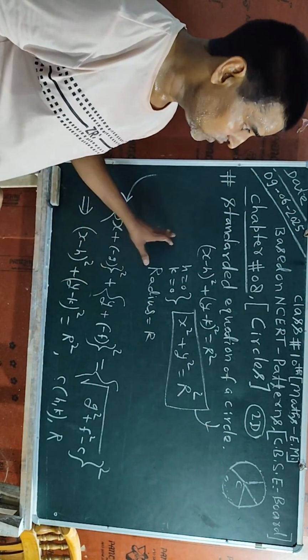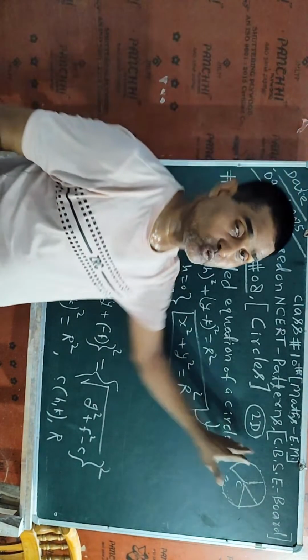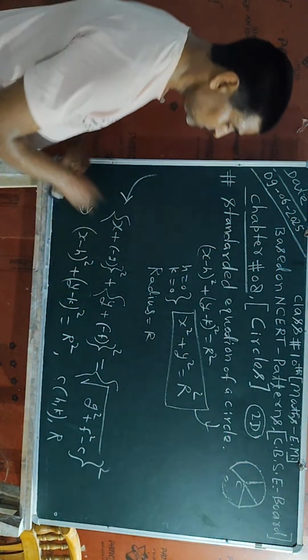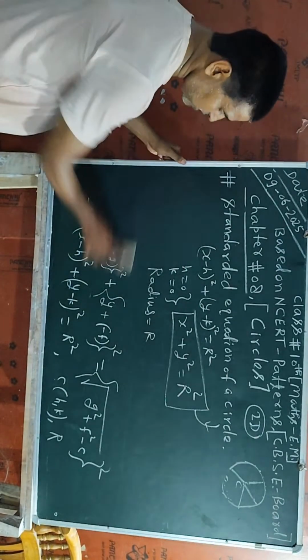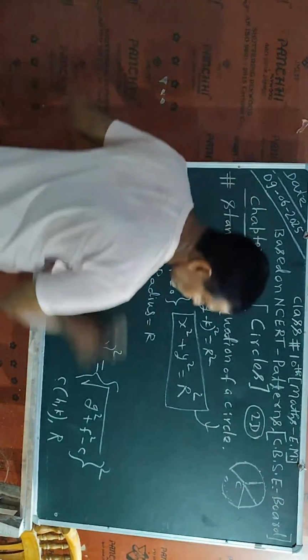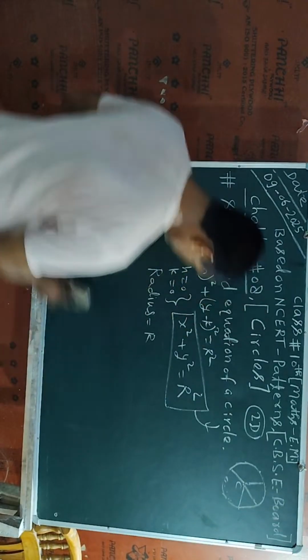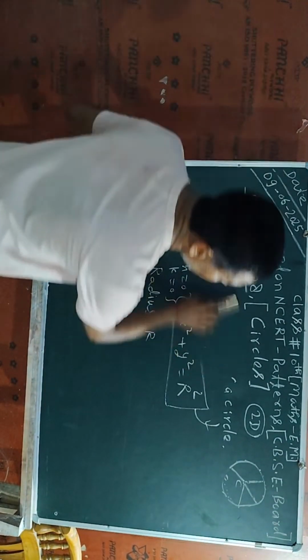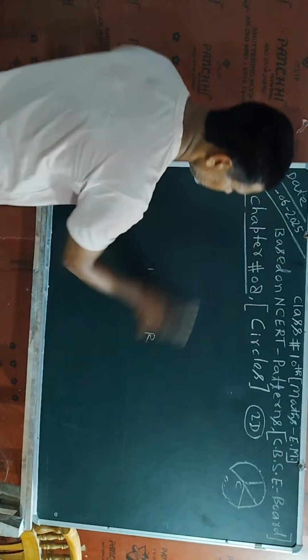Now here I am going to explain some important points which are available in the circle. Students, write this information properly for revision and for solving questions. This coordinate unity is very important, and it will come up everywhere.